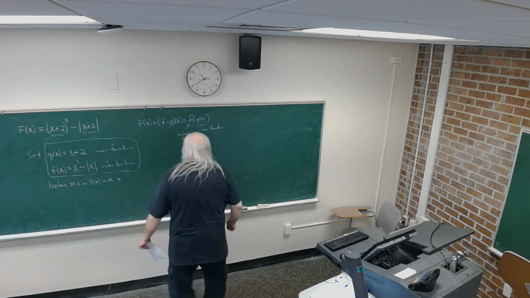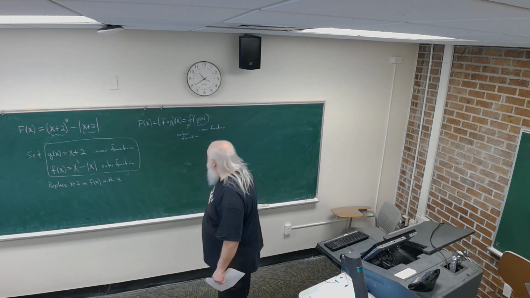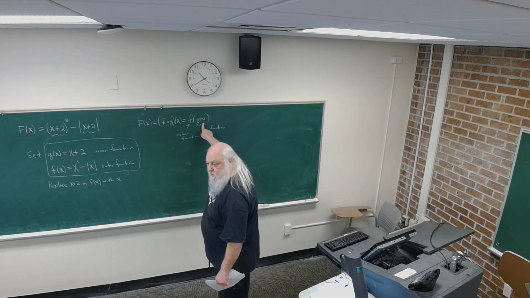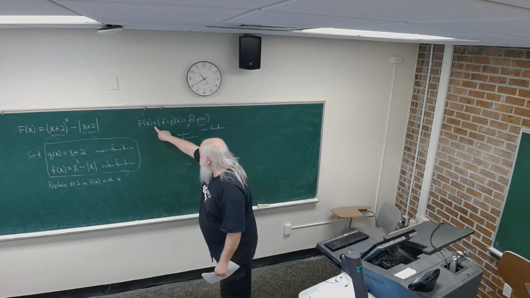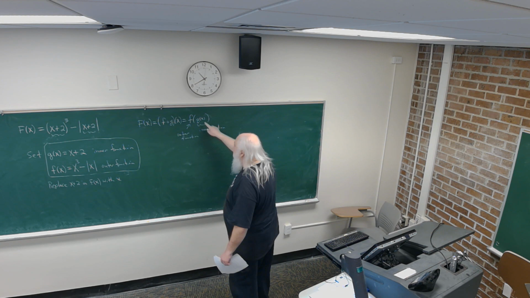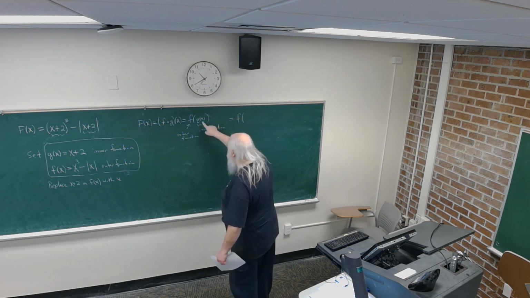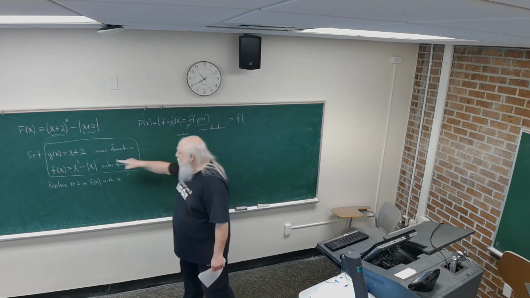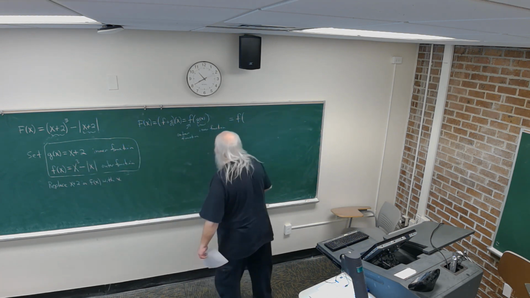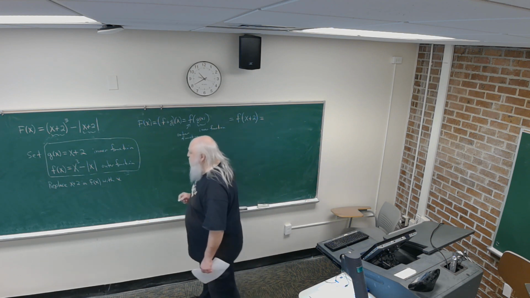Now, how do we know we've decomposed this correctly? We do a check. So big F of x is the composite of f with g, a function of x. It's equal to f of g of x. So how do you evaluate f of g of x? Well, first you replace g of x with what it's equal to. It's equal to x plus 2. And now how do you evaluate f of x plus 2?